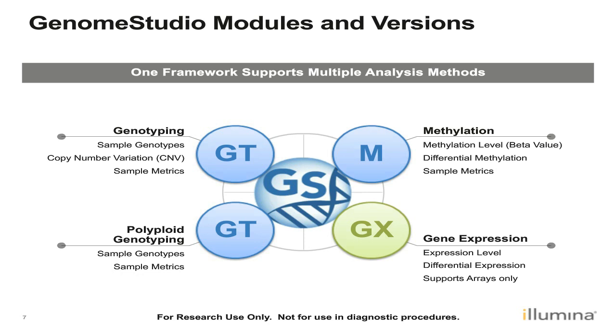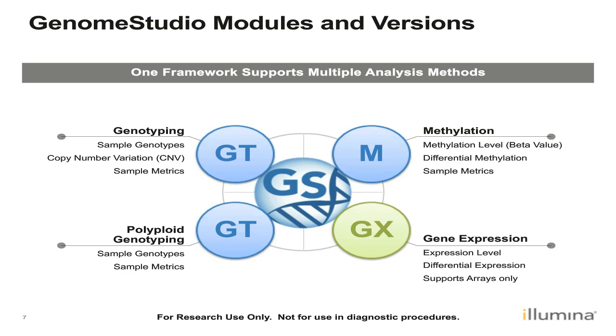In addition, GenomeStudio also has a polyploid genotyping module that allows you to analyze data from polyploid organisms, and a methylation module to analyze methylation data. And although Illumina no longer produces gene expression arrays, if you do have data from those arrays, they're able to be analyzed in GenomeStudio as well.